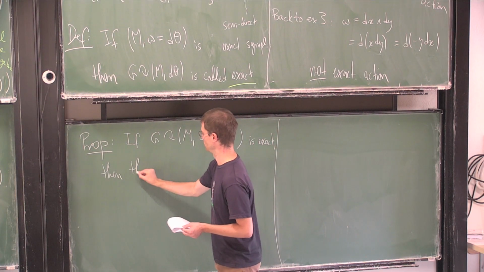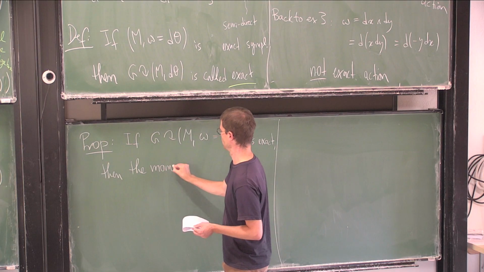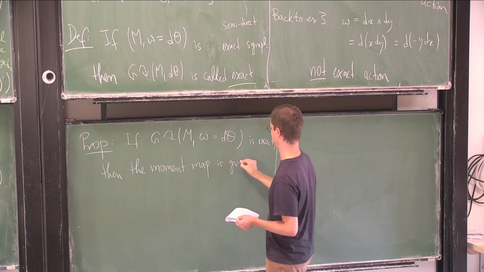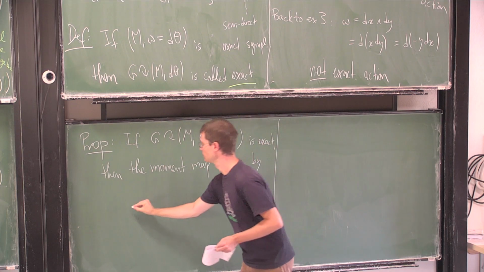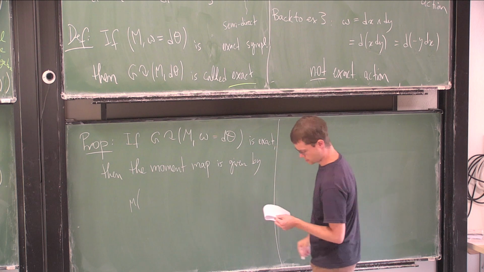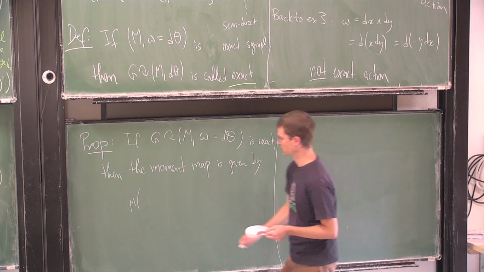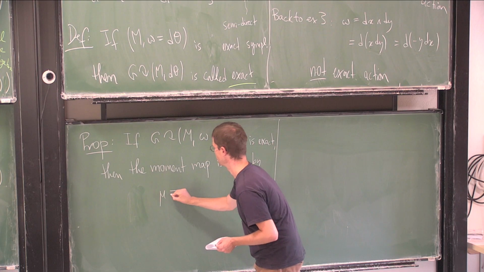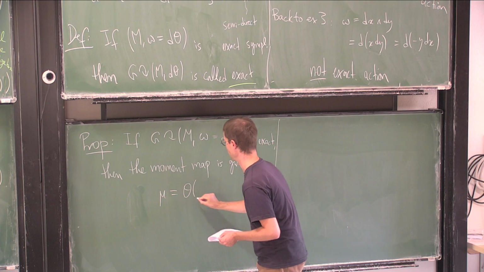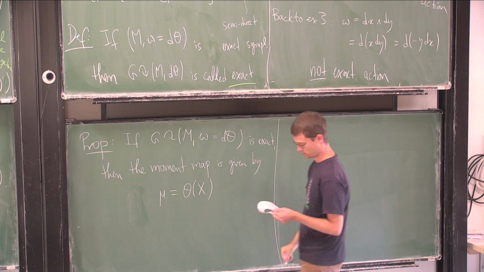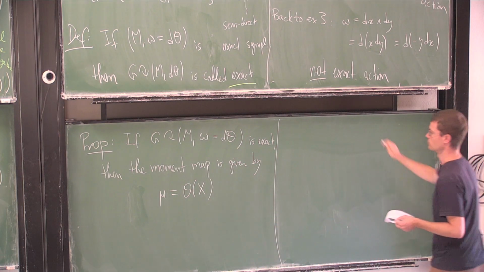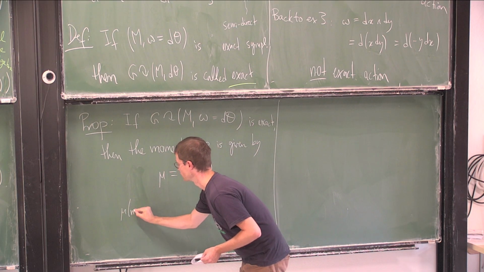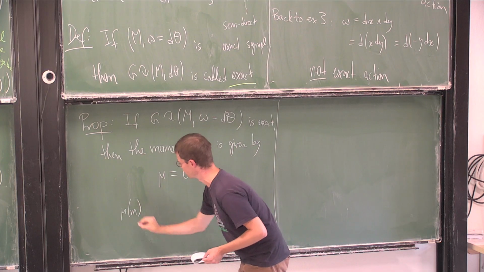Then the moment map is given by mu. Very roughly speaking, it was just mu equals theta applied to X. I should write mu of m.